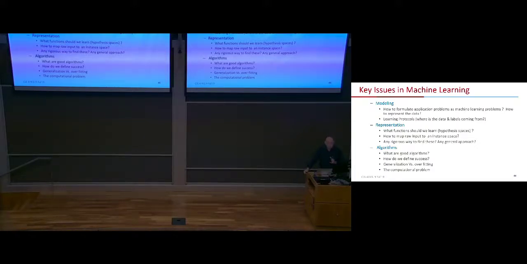The issue of representation, tightly coupled with modeling: what functions are we going to learn, and how are we going to represent the input? And the issue of algorithms: what algorithms are we going to use to map input to a label space? So we kind of hinted on that last time. That's where we're going to start today.